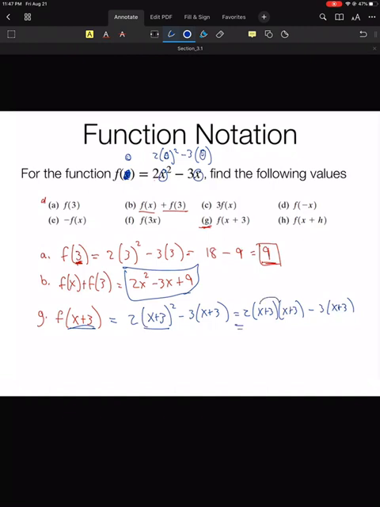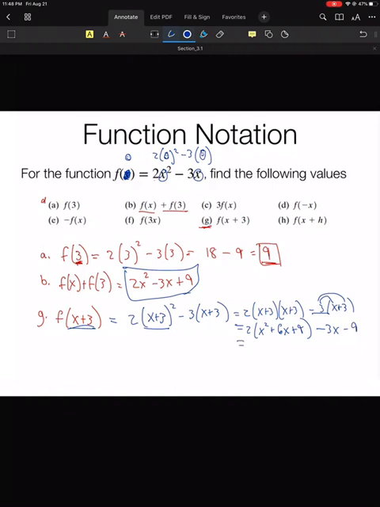So when I FOIL all this out, I'm going to get x squared plus 3x plus 3x. So that's 6x plus 9, minus the quantity 3x, the negative 3 here goes to both the x and the positive 3. So I have minus 3x minus 9.